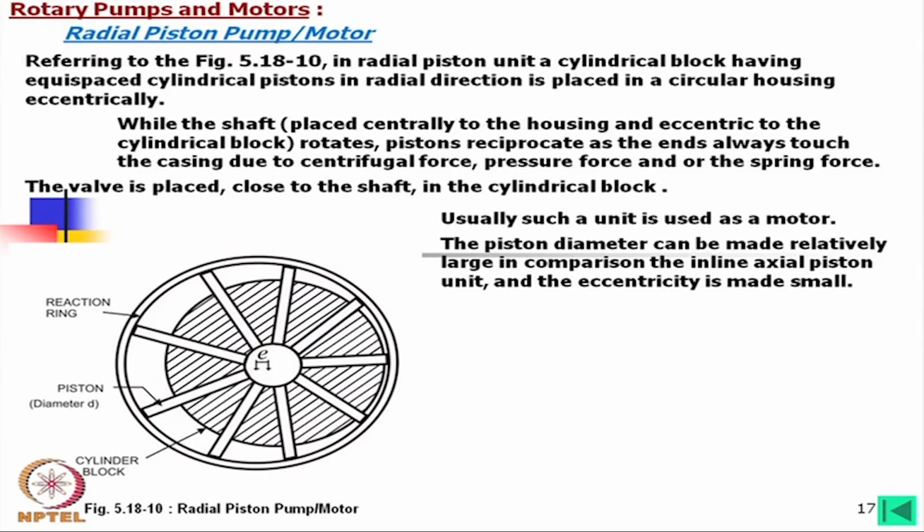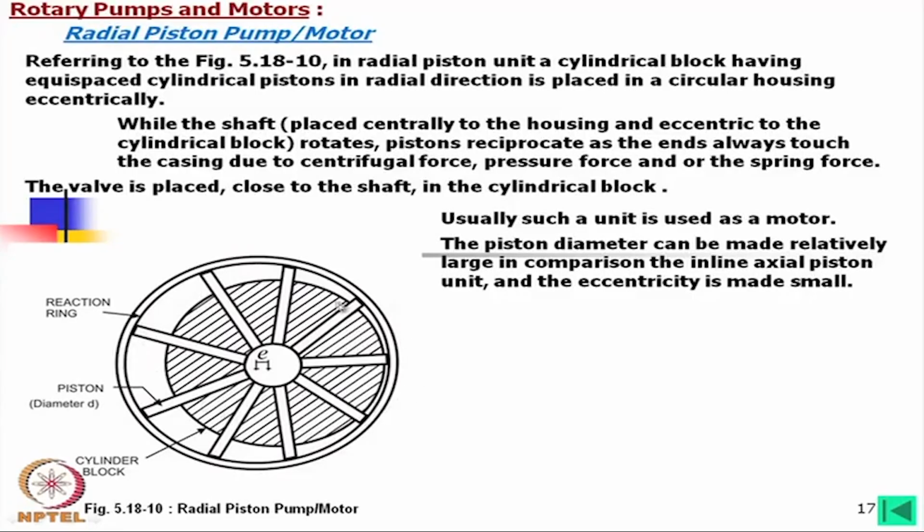So, for the same amount, let us consider a pump is our inline piston pump, and we are using this as a motor. For the same displacement, what will happen? It can give much more torque, much more force, but this will rotate at very low speed.